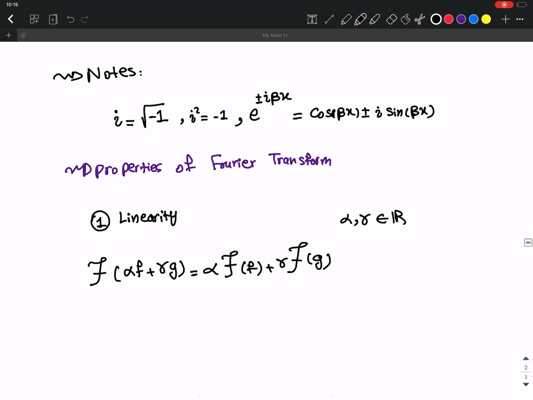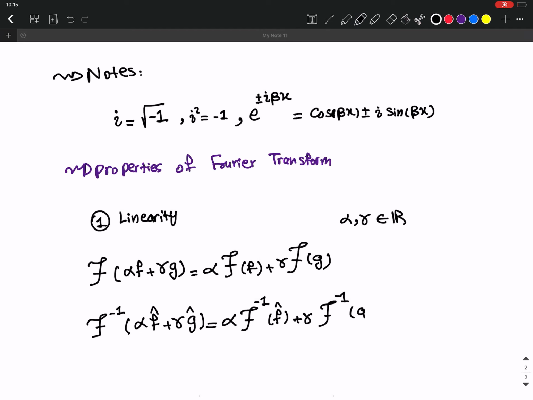And the same thing for the inverse formula. You can say F to the minus 1 of alpha f hat plus gamma g hat equals alpha F minus 1 of f hat plus gamma F minus 1 of g hat.